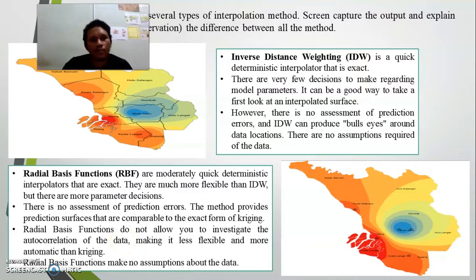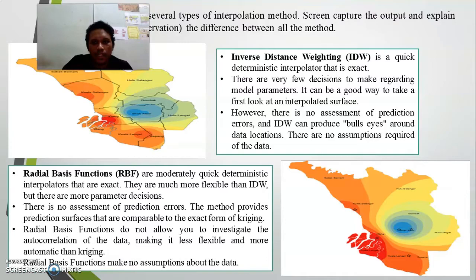Okay, from what I showed you on how to perform geostatistical analysis by using the ArcMap, there are some methods that I obtained from module 3. The first is inverse distance weighting, which is a quick deterministic interpolator that is exact.